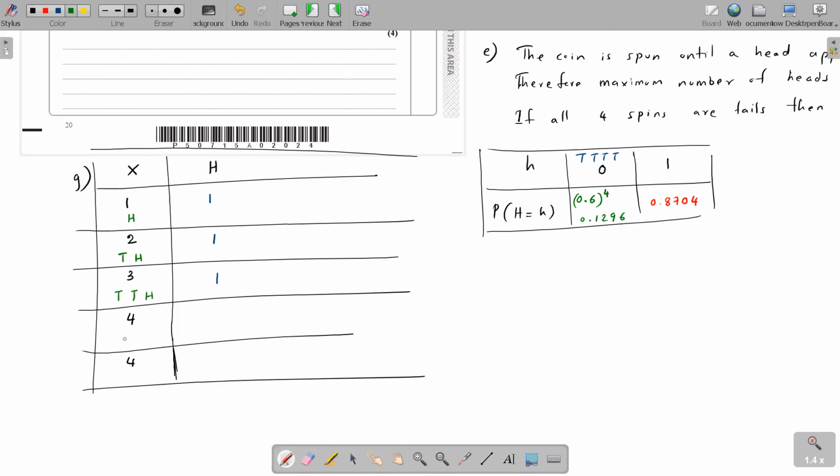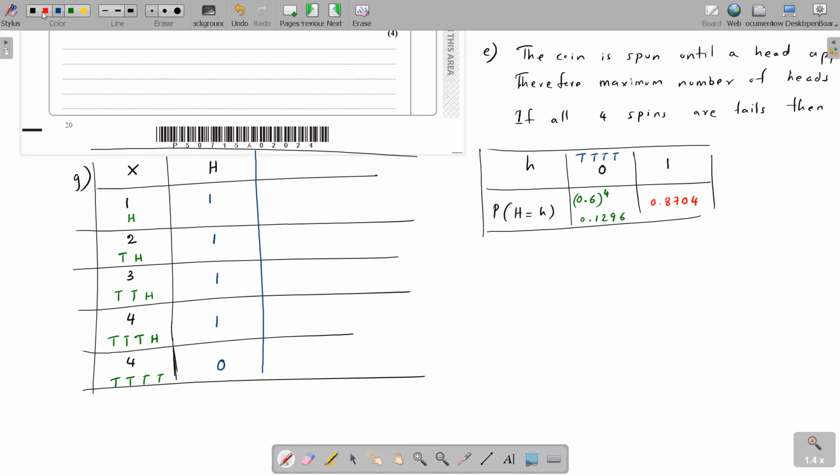What is that? Tail, head, and 4 tails. So when X is 4, and if you go in the path tail, head, how many heads are there? 1. If you go in the path 4 tails, how many heads are there? 0. So now the X, H table is made.